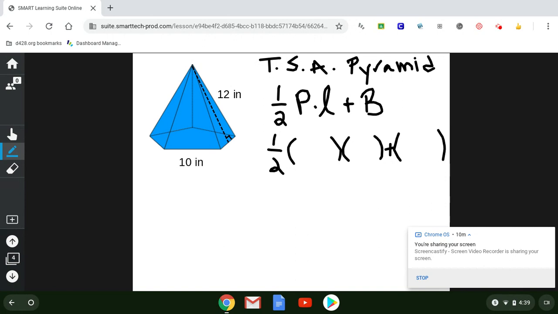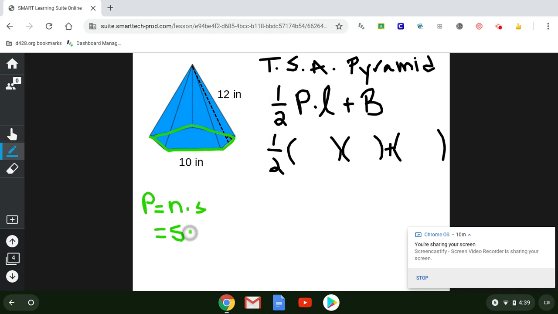All right, so let's start with perimeter of my base. The shape of my base is a pentagon. Anytime I give you guys a polygon base, assume that it's regular. Remember, regular means that all the sides are equal. So to find the perimeter of a polygon, remember it's n times s. N was the number of sides, so I have 5 sides since it's a pentagon.